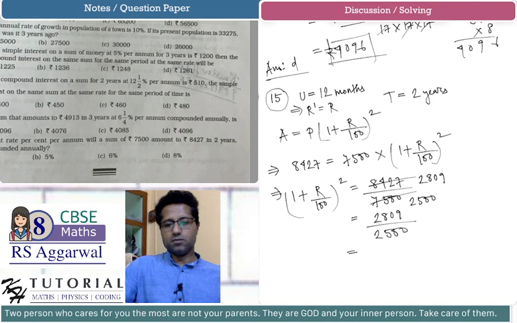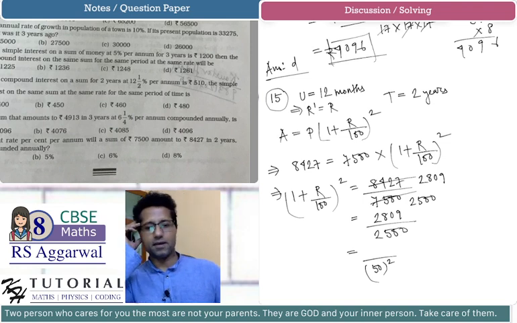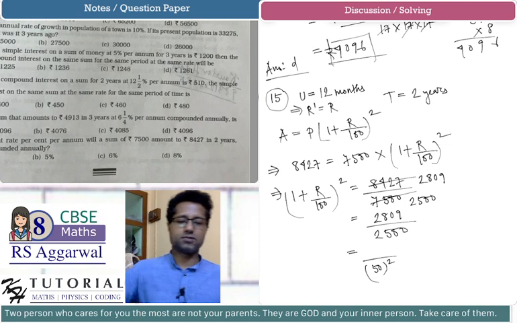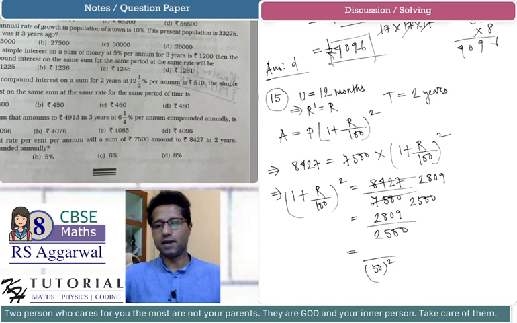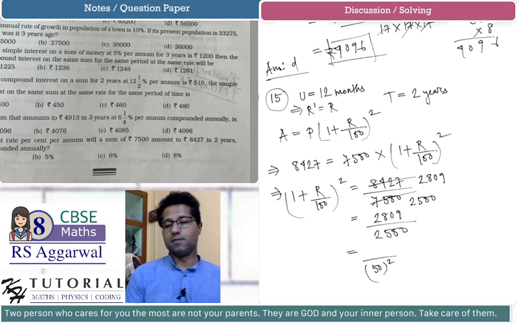So this is equal to 50 square. Now definitely 2809 must be the square of a number like 51 or 52. Any perfect square that ends with the digit 9, the number whose square it is must end with 3 or 7.